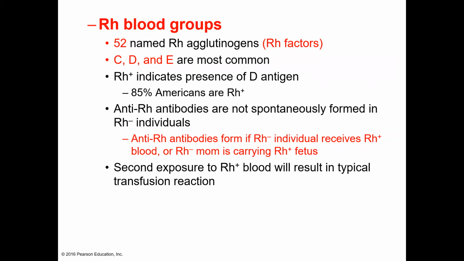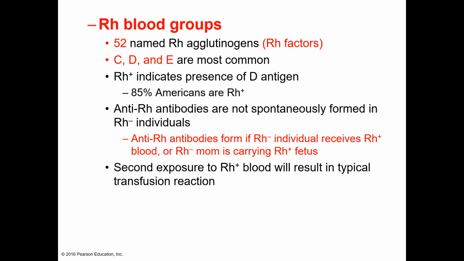But you see it sometimes in a condition known as rhesus incompatibility, or erythroblastosis fetalis. This is simply a baby in his mother's uterus. The mother has a different blood group than what he has.